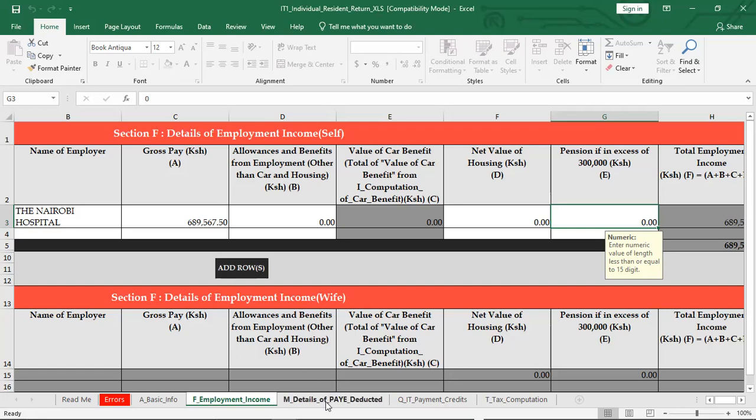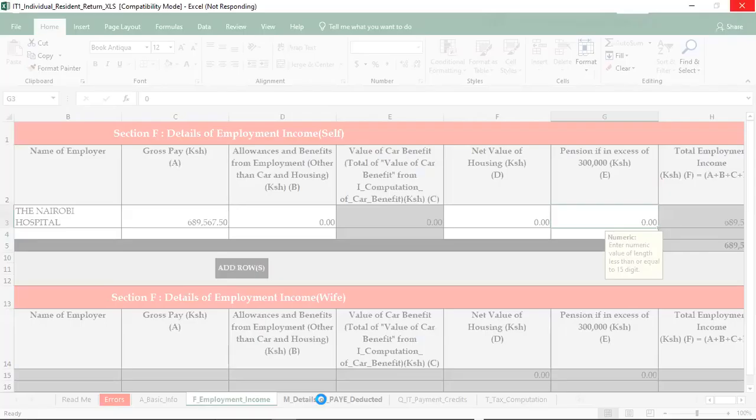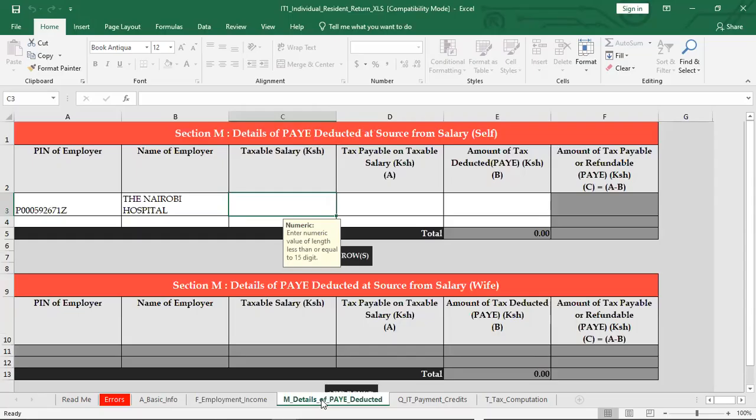But when you are in M details, we have what we call taxable salary. So there is a difference between gross pay and the taxable salary. Taxable salary, this is the salary you are supposed to be taxed. That is, you are supposed to less untaxable items.